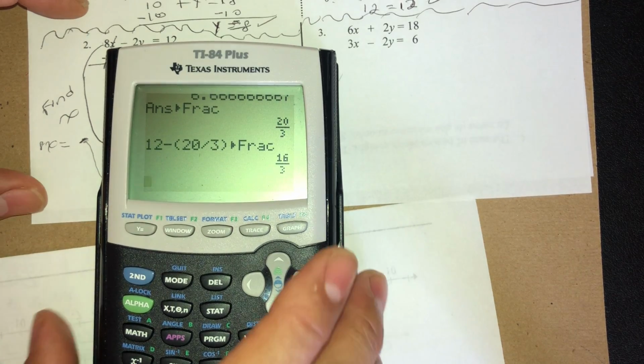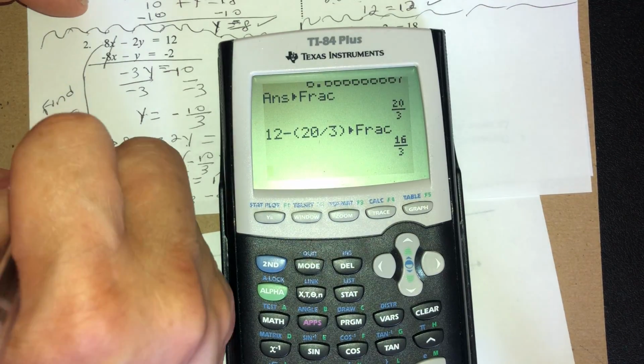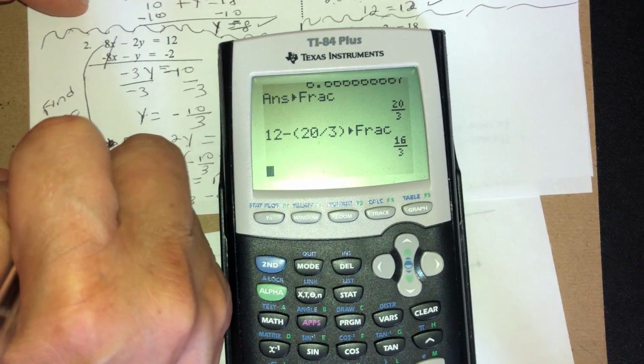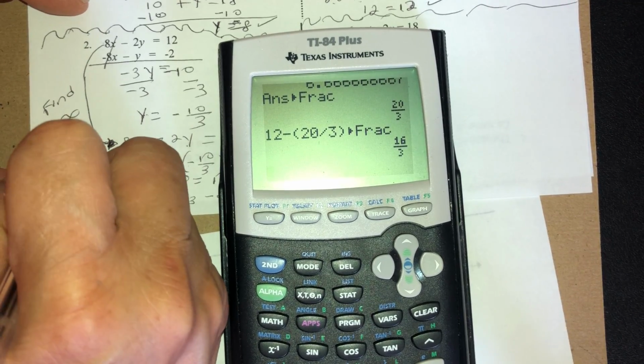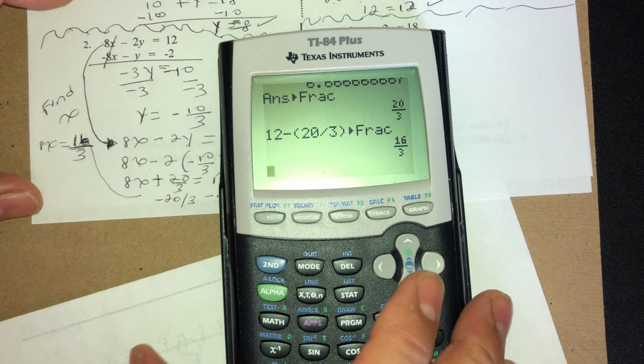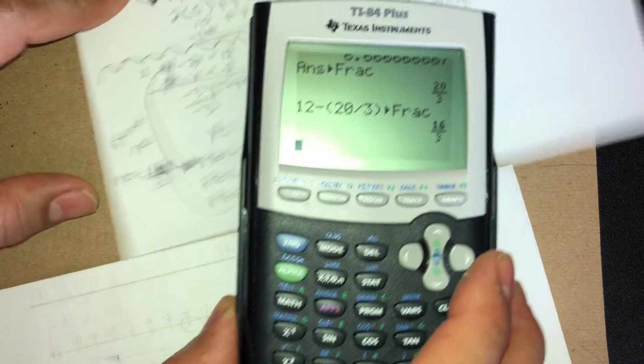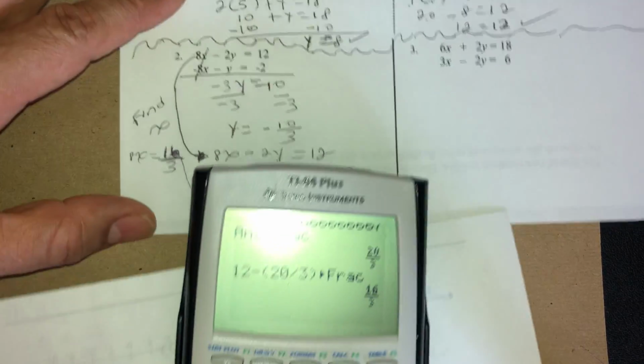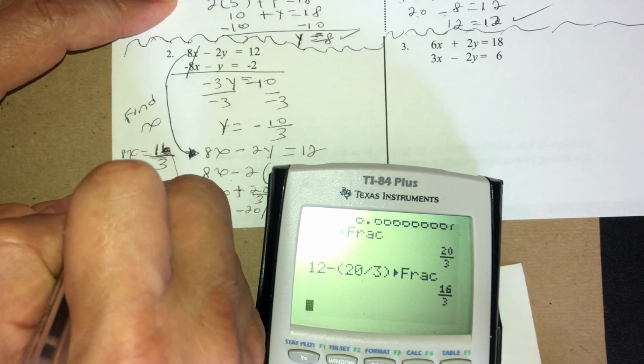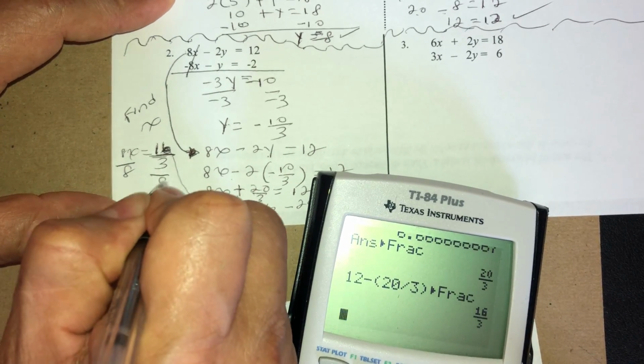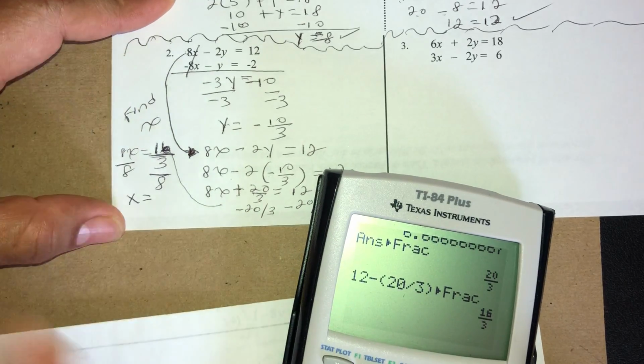All right, so I'm going to put here 16 over 3. So what am I going to do now? I'm going to divide both sides by 8. So let's do it again.